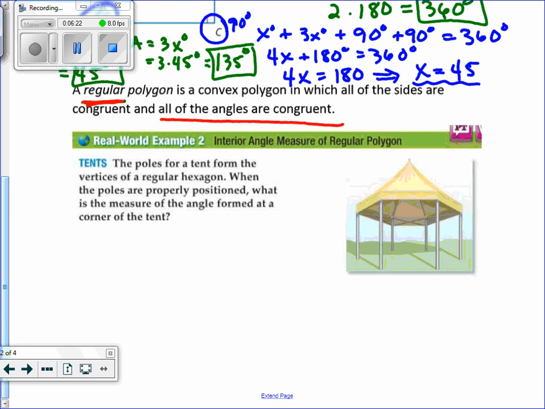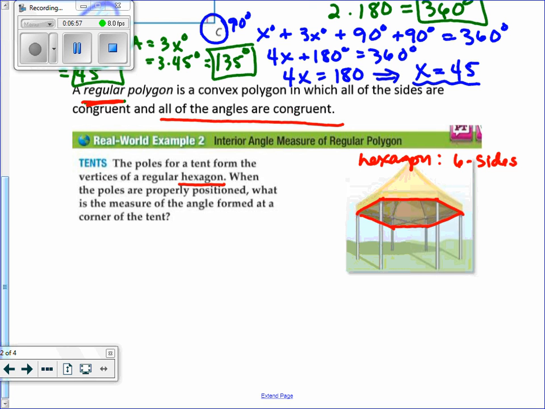Example 2, we've got a little picture there. It says the poles for a tent form the vertices of a regular hexagon. So we actually have a hexagon here, and you can see the poles are holding up the tent. There's our hexagon. A hexagon has 6 sides. When the poles are properly positioned, what is the measure of the angle formed at a corner of the tent?